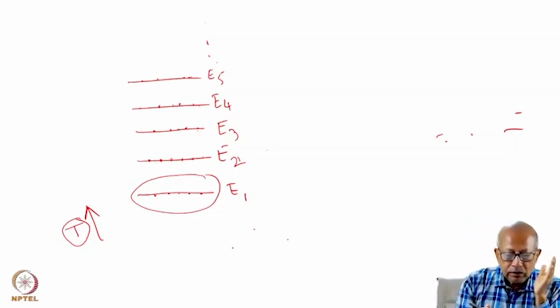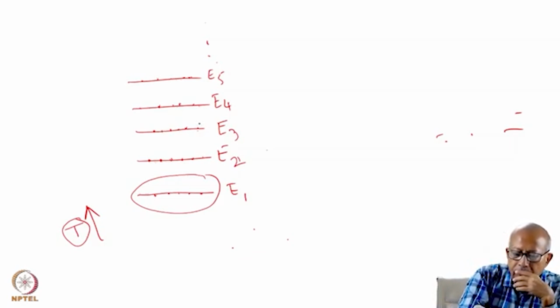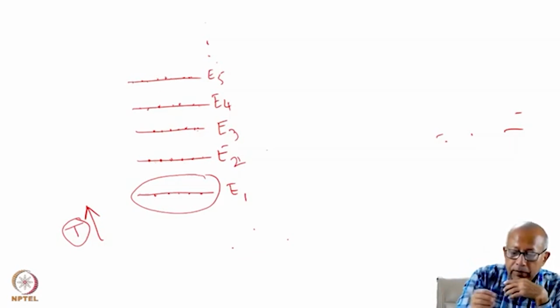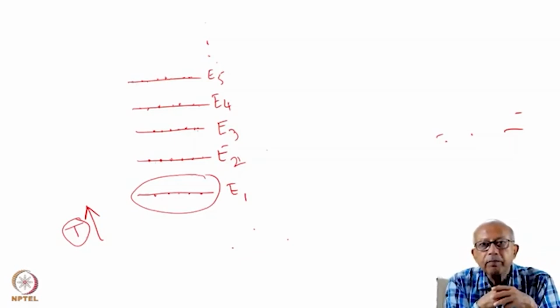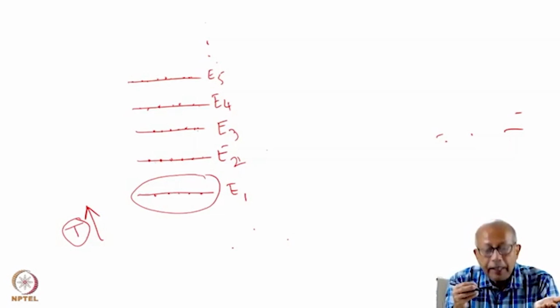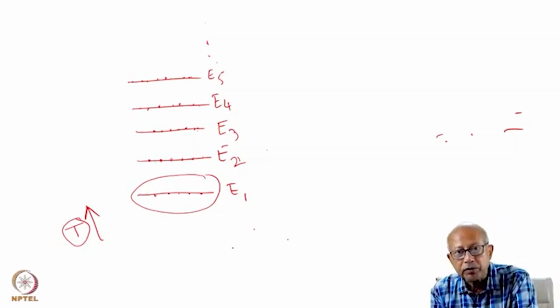Now, once the higher energy states have been fairly populated, you suddenly cool this gas. So when you cool, what will happen? Again, it will try to come to equilibrium at that lower temperature.